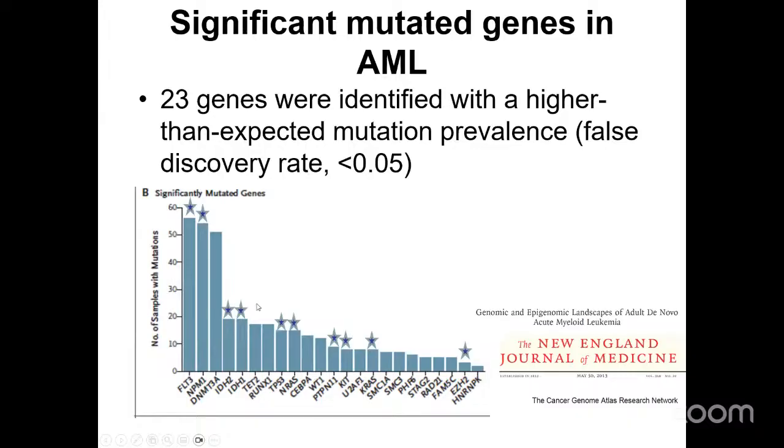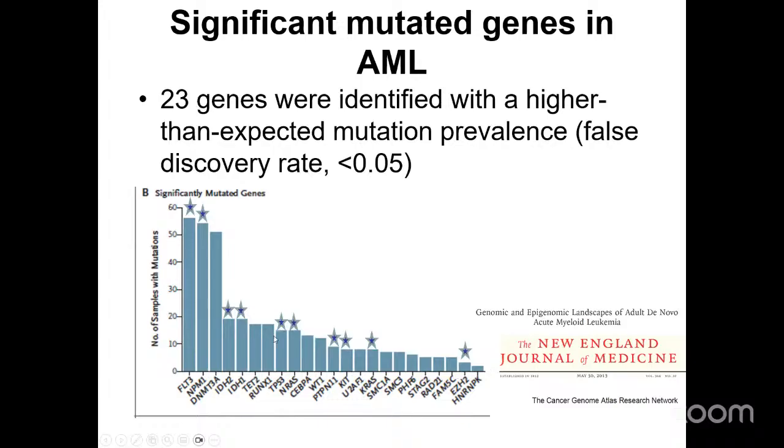In addition to all those translocations, there are also, of course, mutated genes in AML. This is again one of the older papers, or first papers, that was describing a subset of genes that were seen at higher than expected mutation prevalence within acute myeloid leukemias. And I think this list has grown.